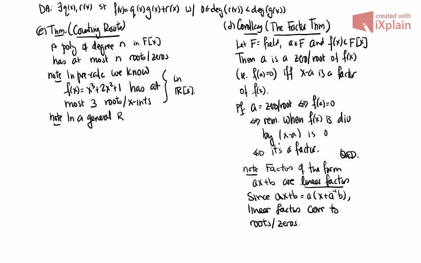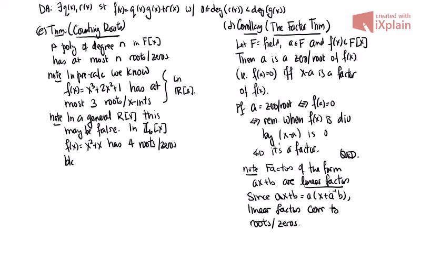So in a general ring R[x], this may be false. So for example, in Z6[x], f of x equals x squared plus x has 4 roots, zeros.